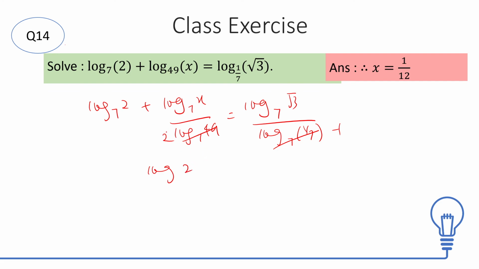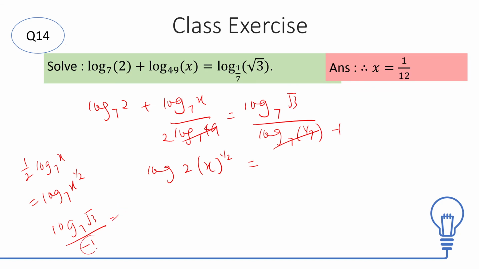Depends on you whether you cross multiply here or bring it to the other side. I'm quite lazy. I just use x to the power of 1 over 2 because the 1 over 2 is brought up. 1 over 2 log 7x actually is log 7 of x to the power 1 over 2. And this equals log 7 of 3 divided by negative 1, this one brought up here will become negative log 7 of 3, negative 1 over 2.